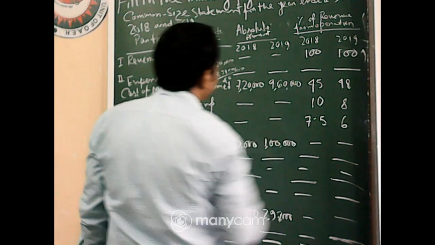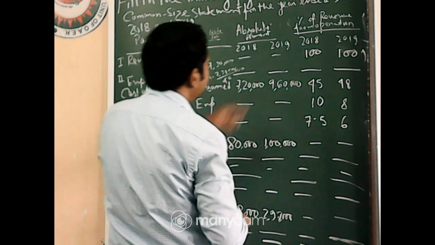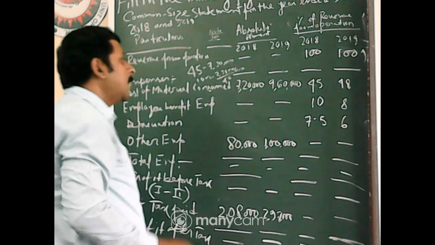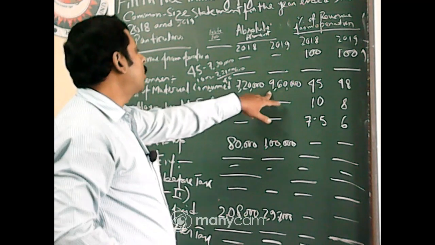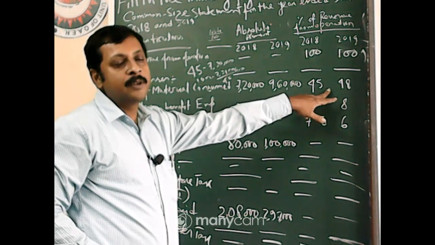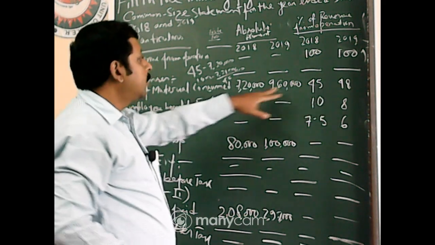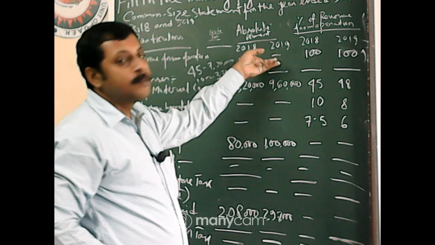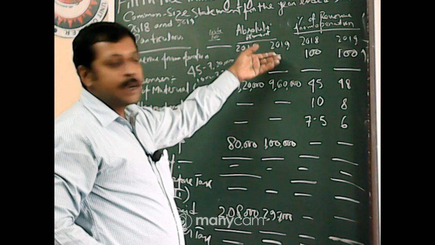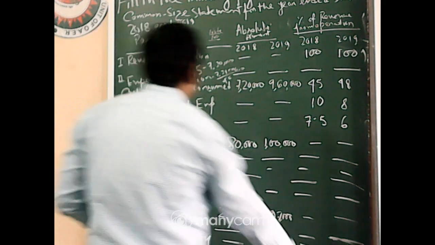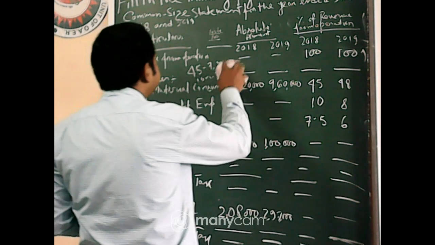Same thing will happen for the next year. In the year 2019, cost of materials consumed is 48% of revenue from operation, which is 9,60,000, because the percentage is already given. So if 48% is 9,60,000, then what will be 100%? You just take it to 100% and that figure will be the revenue from operation. Now we just calculate it.